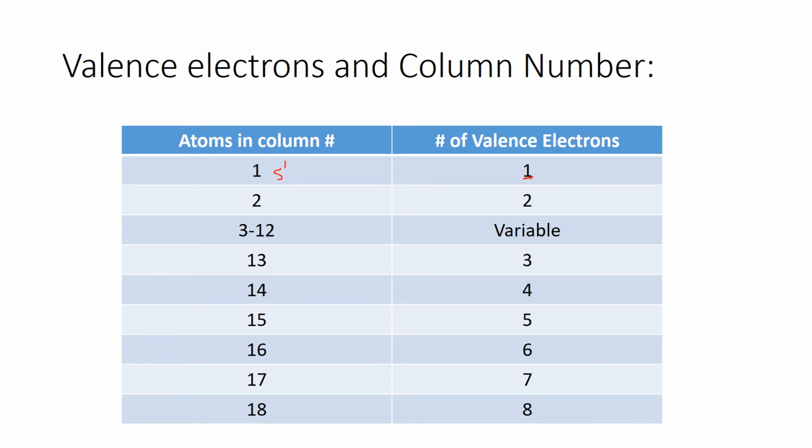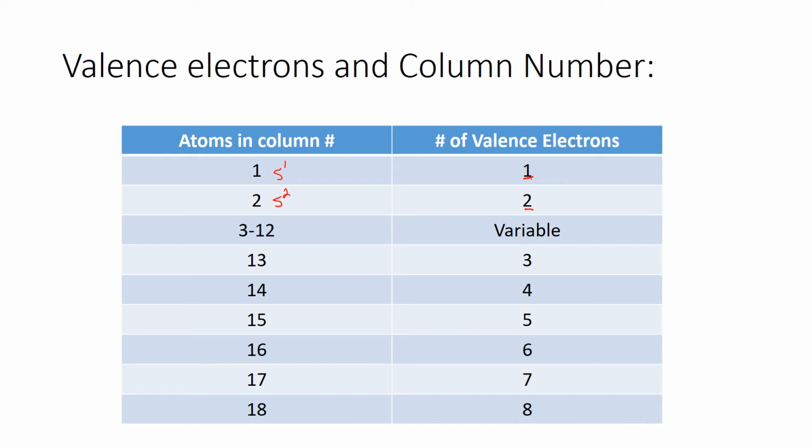In column 2, we end with S2, and no electrons in the P sublevel at all. So that means that every single element in column 2 actually contains 2 valence electrons. And we're going to ignore those transition metals for a second and move down to the first column in the P block, which is column 13.